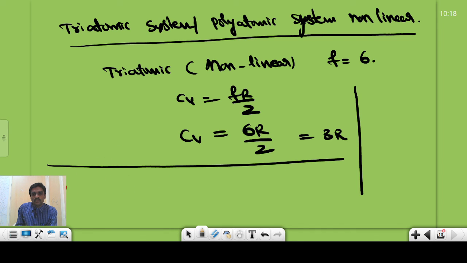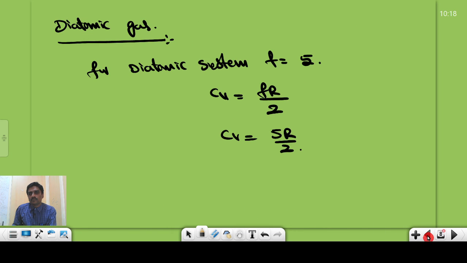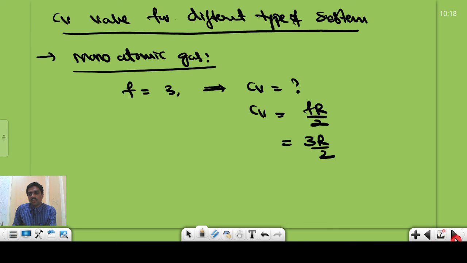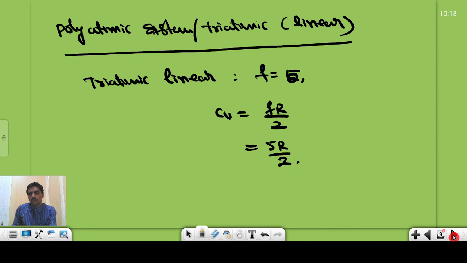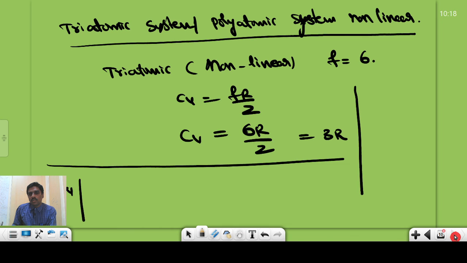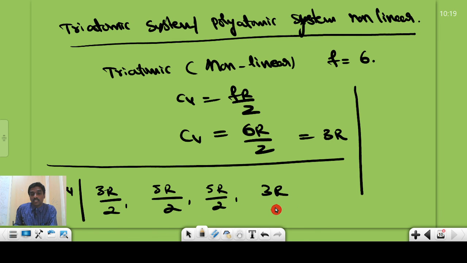The Cv value for the monoatomic system is 3R by 2, for the diatomic system 5R by 2, for the polyatomic system linear case 5R by 2, and for the polyatomic system non-linear case 3R.